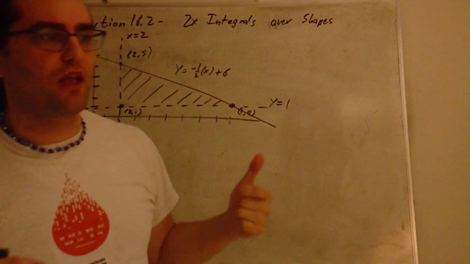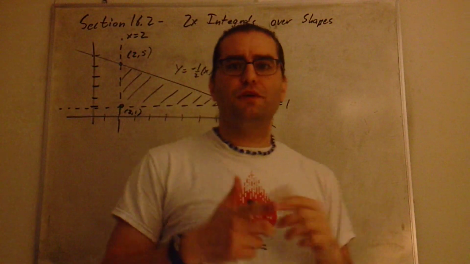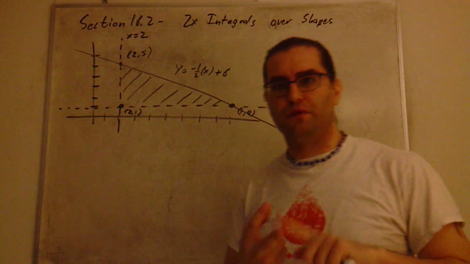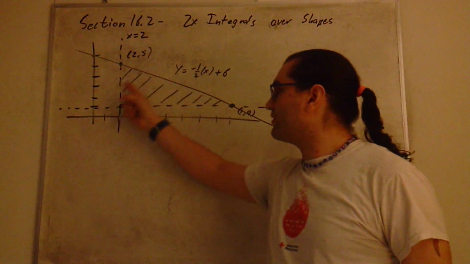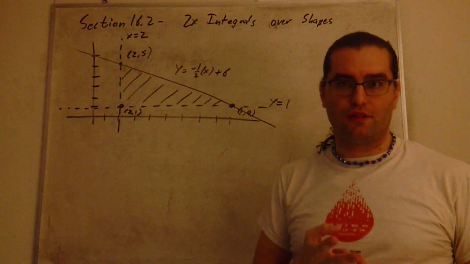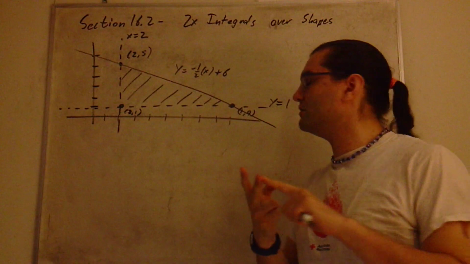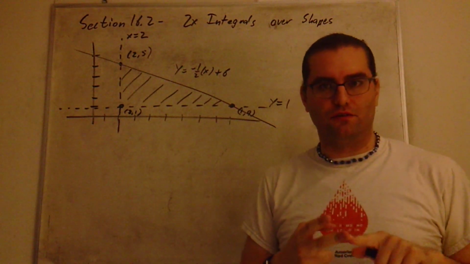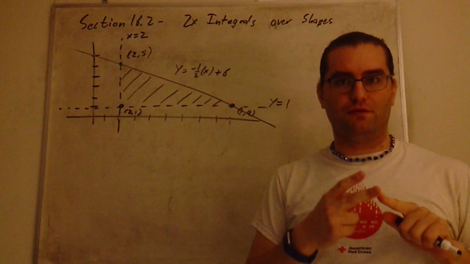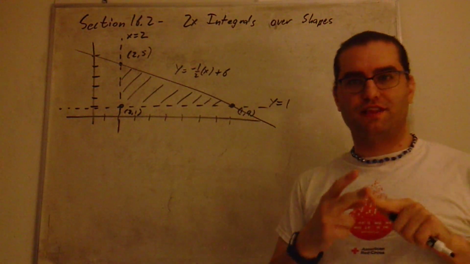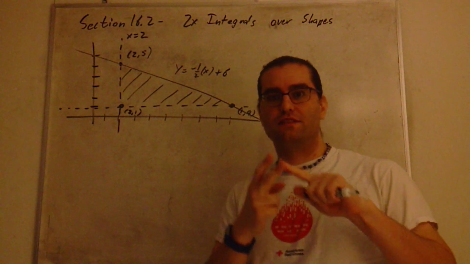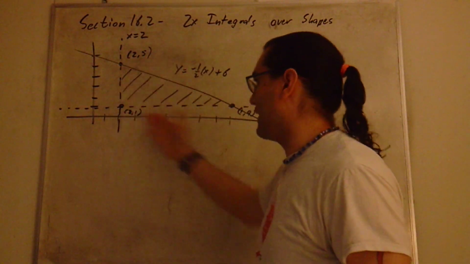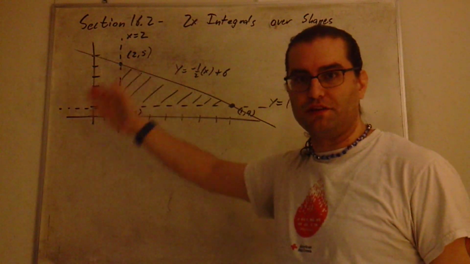So there's going to be two big parts to these problems. The first part is going to be figuring out what region you're working with and setting up the integral with the correct bounds so that it represents that region. You set up the integral with the right bounds to give you this region of space.